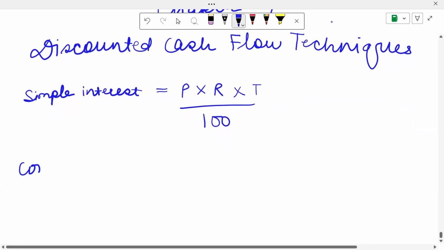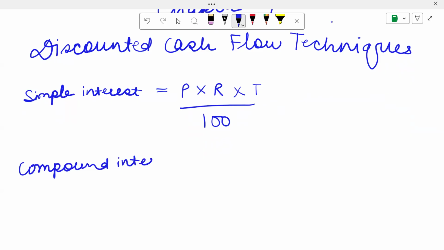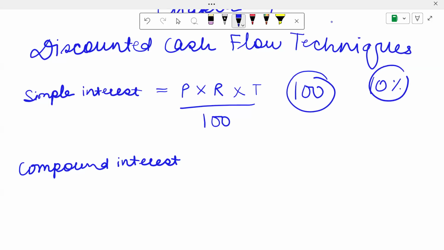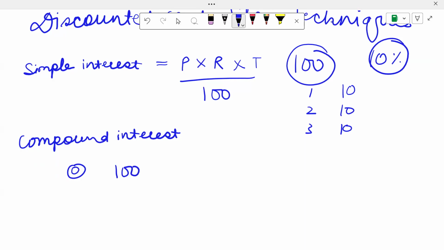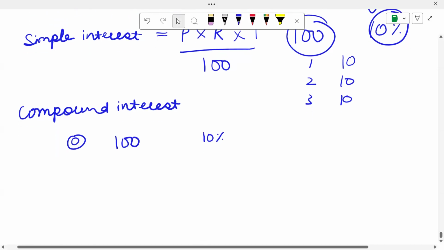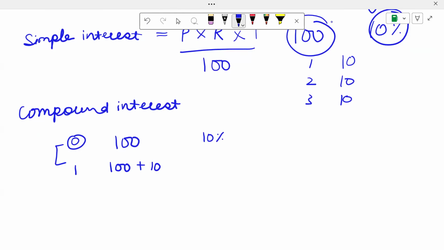Now, in business, usually compound interest is levied, which means interest on interest. Talking about simple interest, had you deposited 100 rupees at a rate of 10%, you will get 10 rupees of interest every year. Year 1 it's 10, year 2 it's 10, year 3 it's 10. But with compound interest, once you have deposited 100 rupees in year 0 at the rate of 10% compound interest, in year 1 your money becomes 100 plus 10, the interest you got during 0 to 1 year.